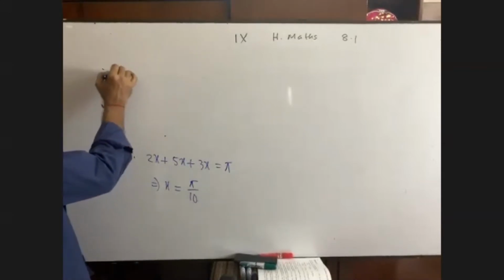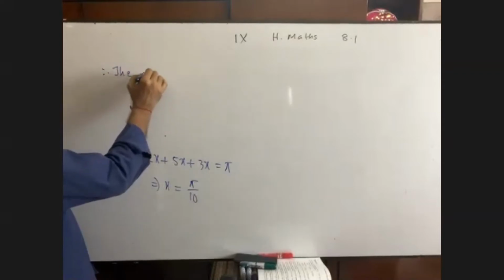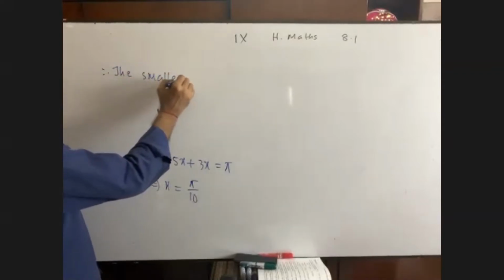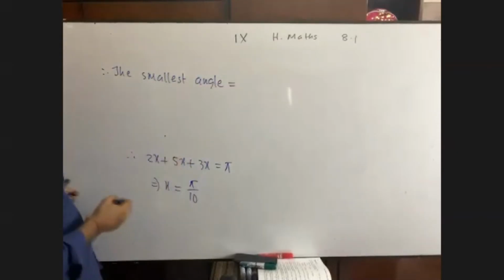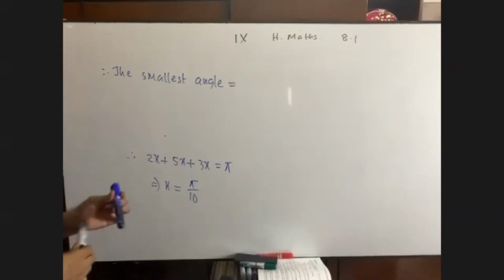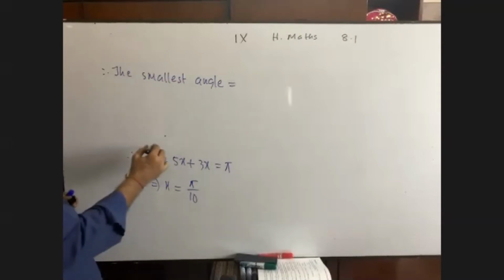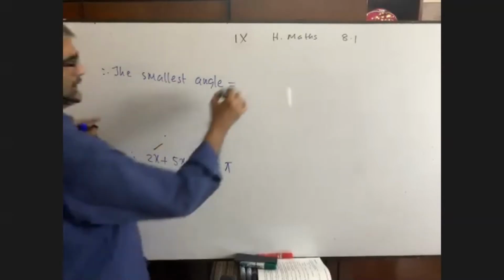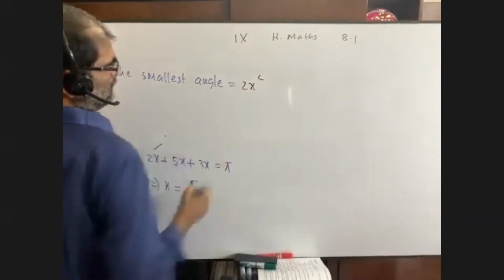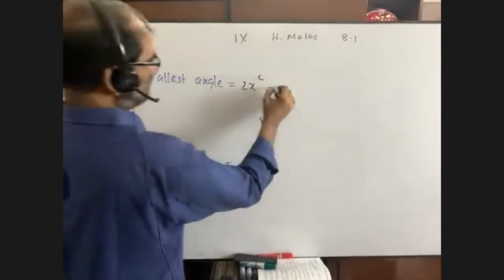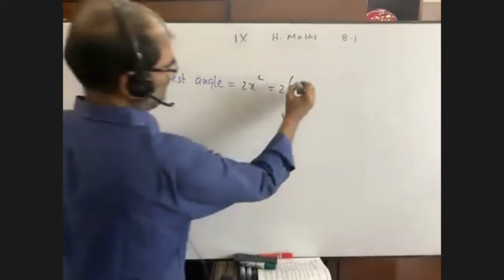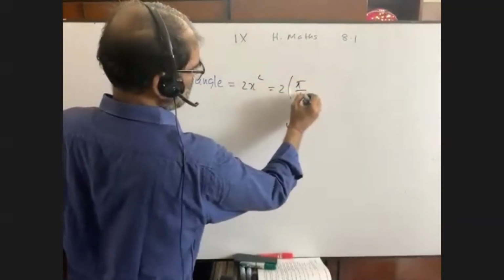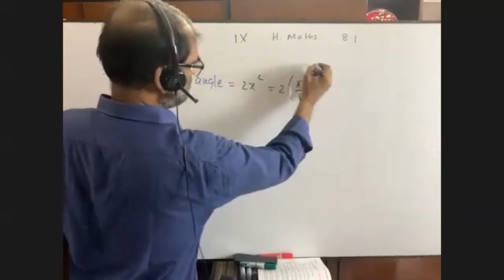Therefore, the smallest angle. What is the smallest angle here? Can you please let me know? The smallest angle is 2x radian. What is the value of x? The value of x is pi by 10. This is radian.